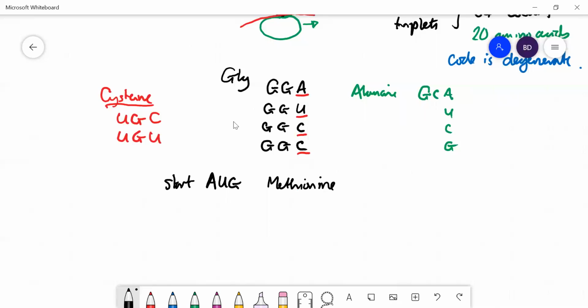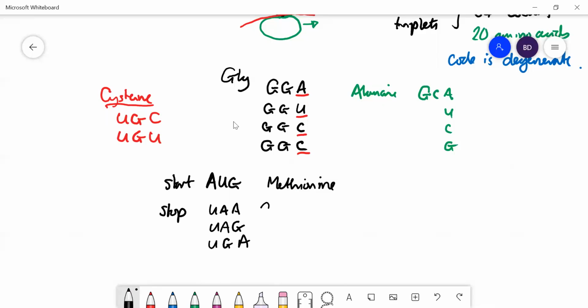Also, to stop the process, you need a special codon, and there are 3 different stop codons. They both start off with UA. So you can have UAA and UAG. And there's a third one as well, which is UGA.